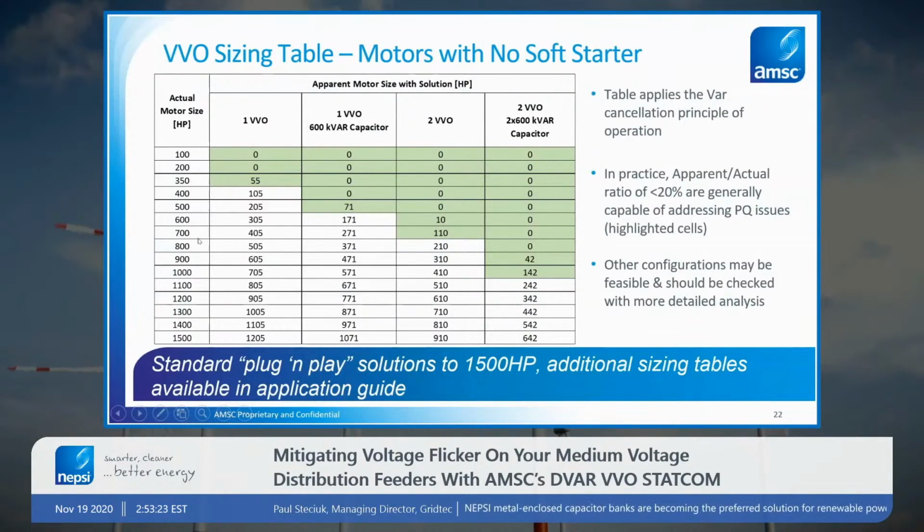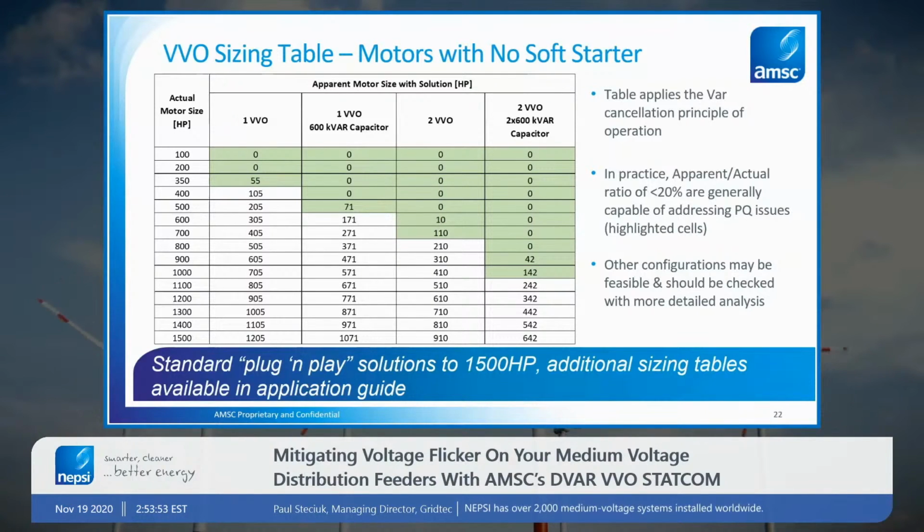For example, if we take this 700 horsepower motor with 2 DVAR VVOs, that will have the effect of making it look like only a 110 horsepower motor. And then the green cells are the cells where the application can be expected to really robustly address power quality issues due to the motor starting problem.